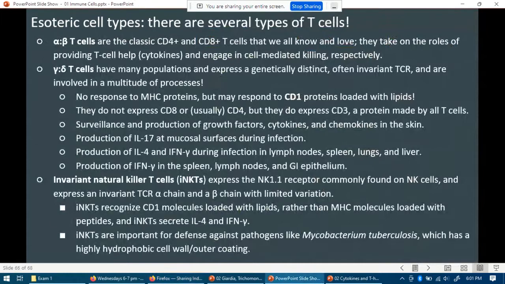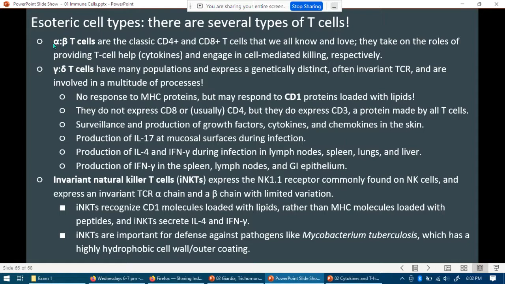Okay. And we left off before I could get into the different types of T cells that there are. Now these become more important later into the class when we learn about T cell development. And you could say the same about B1 cells too. So the major kind of T cell that we care about in immunology is the alpha beta T cell.